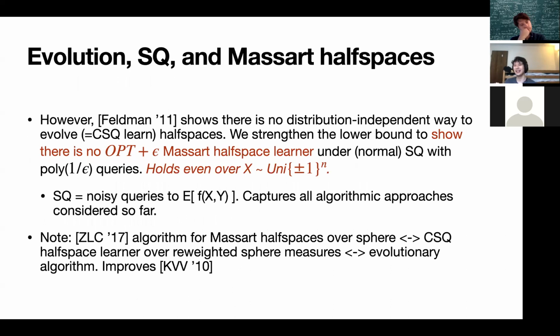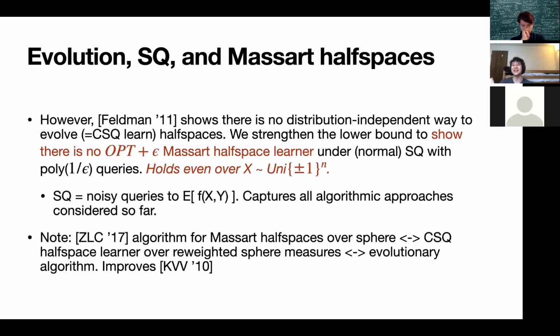Super relevant result: Feldman proved that there is no distribution independent way to learn half spaces. And once you know all of this, you can open up his proof and realize you can prove an even stronger lower bound, where I let you make SQ queries. So I can query basically the expectation of any function of x and y, and I tell you the distribution over x is uniform on the hypercube, like we considered before.